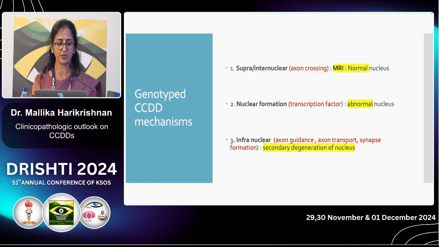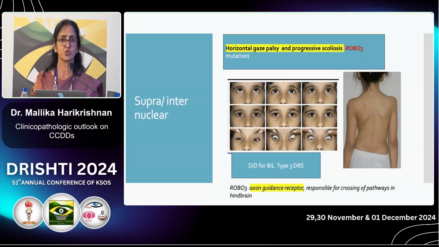In the infranuclear problem, it can be due to axon guidance, axon transport, or synapse formation. The nucleus is theoretically normal, but there can be secondary degeneration of the nucleus because of retrograde degeneration. So I will take you along some of the common causes and conditions.